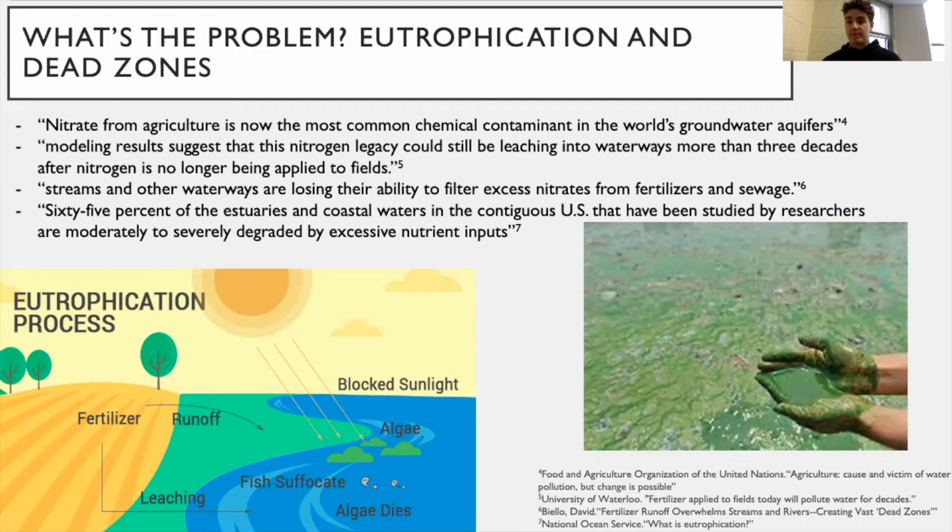This makes it so the plants at the bottom of these bodies of water just die because of no sunlight, and they start to rot. This is a problem because the rotting of these plants deoxygenates the water, takes all the oxygen away.